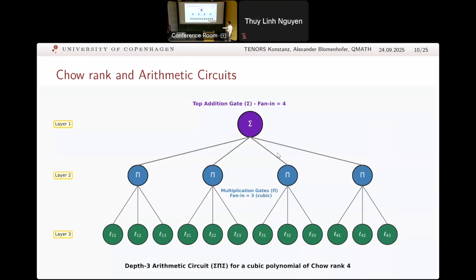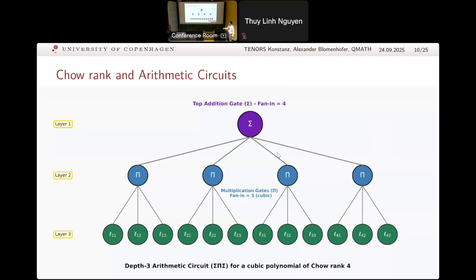So we're computing some linear forms, then we're taking the product of them, and then we're taking the sum of all the products of linear forms. So it's like a sigma pi circuit. Where's the last sigma?